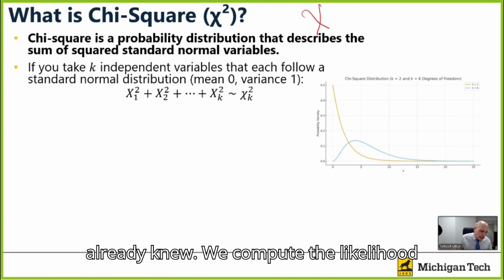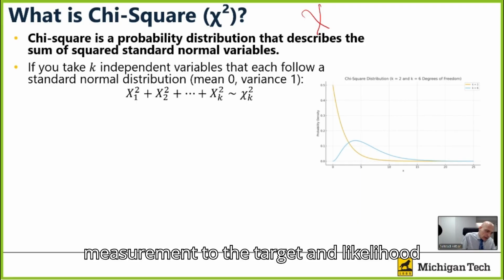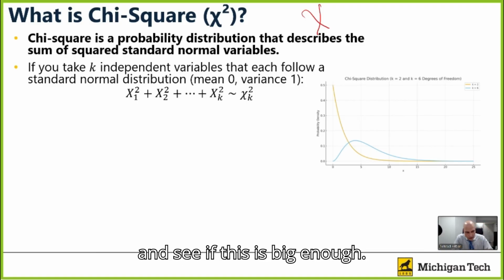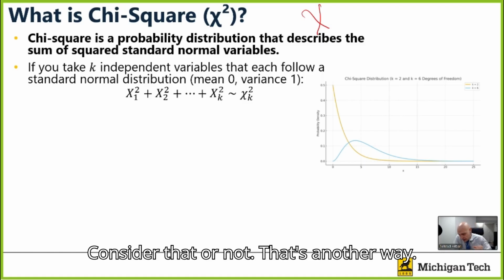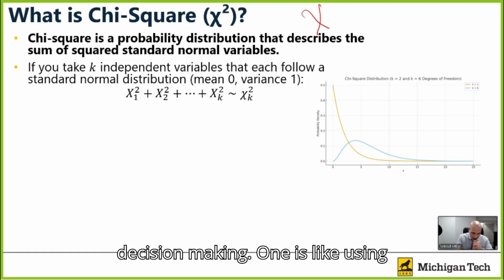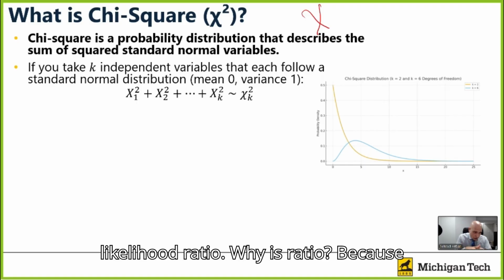Likelihood ratio we already knew. We compute the likelihood of the measurement belonging to the target and the likelihood of not belonging, divide them, and see if this is big enough to consider it or not. That's another way. So normally you have two ways for decision making: one is using chi-square, and the other one is the likelihood ratio. Why a ratio?